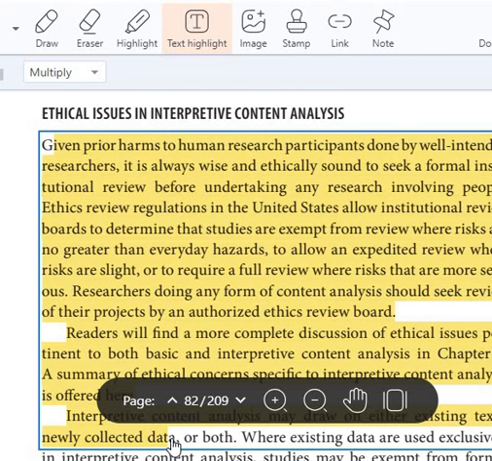And those boards can allow an expedited review where risks are slight, very slight. Or it can require a full review where risks are more serious. Very good. Researchers doing any form of content analysis should seek review of their projects. How or by whom? By an authorized ethics review board.